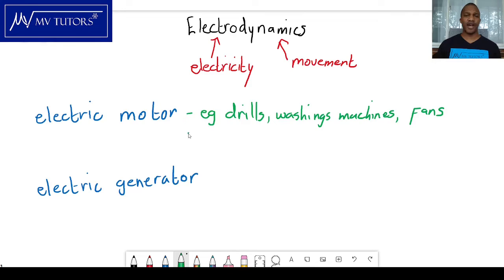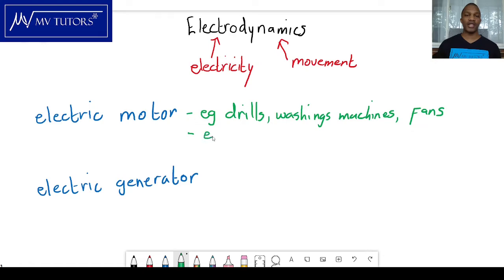So let us define an electric motor. What exactly happens in an electric motor? Like I said, it needs electricity, so you need to plug it in for it to work. Let's talk about a blowing fan. You need to plug it in for a fan to work. So what is it doing?